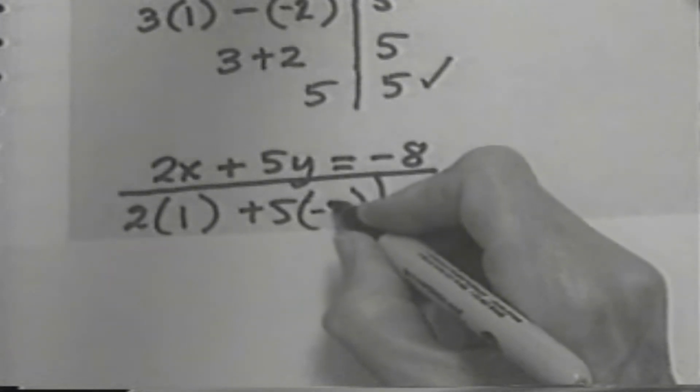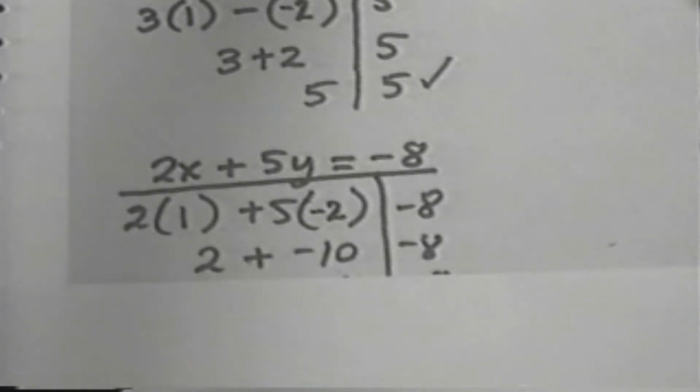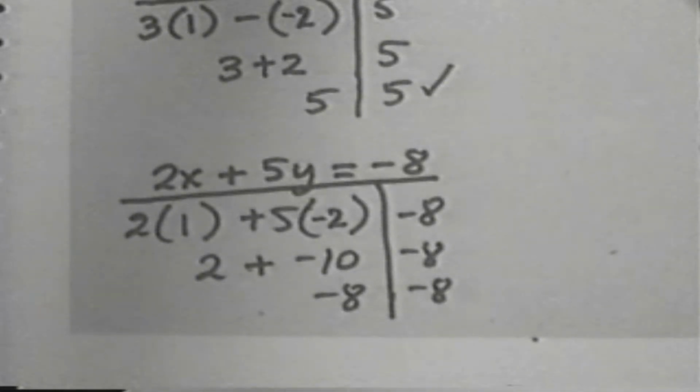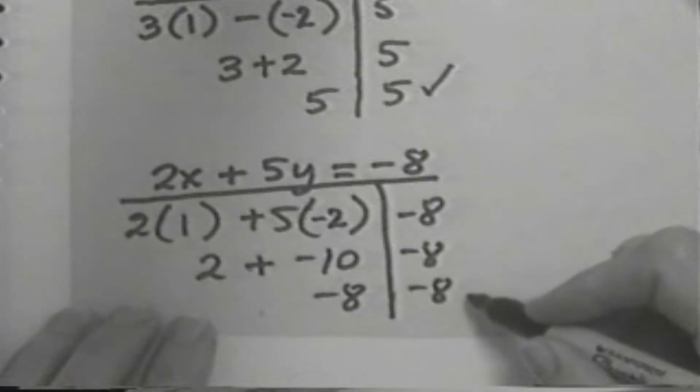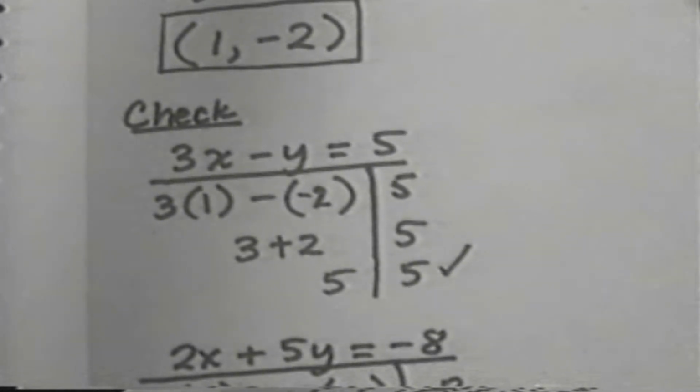The x value is 1, the y value is -2, and so we get 2 times 1 or 2, plus 5 times -2 or -10 equals -8, and 2 plus -10 is -8, and so we get -8 equals -8, which is true. And so our ordered pair solution of 1, -2 does check.